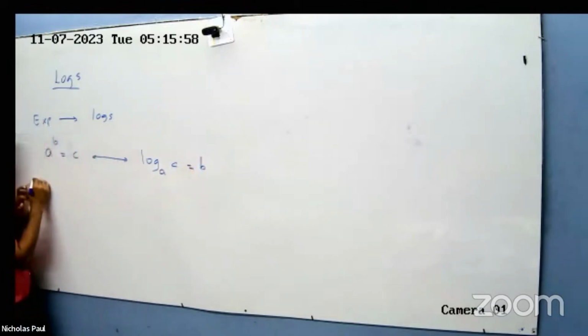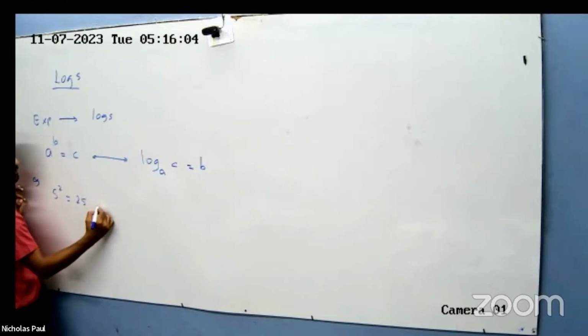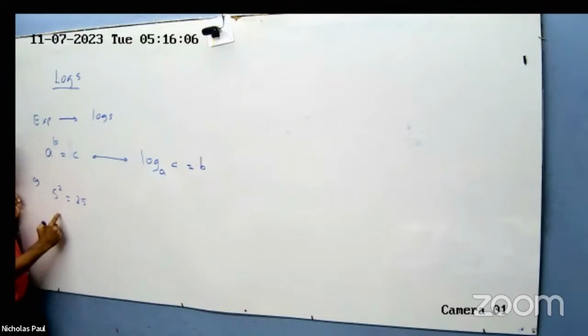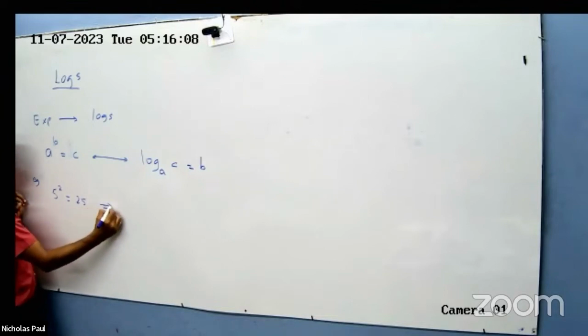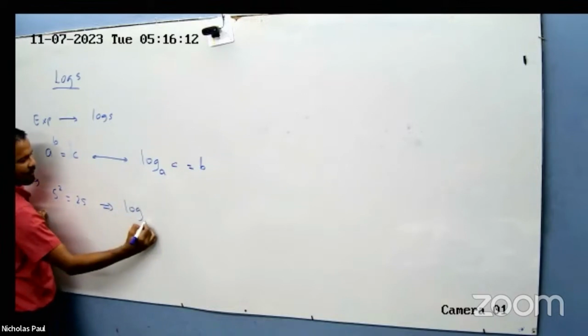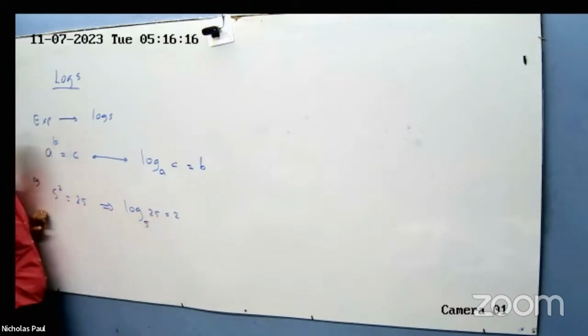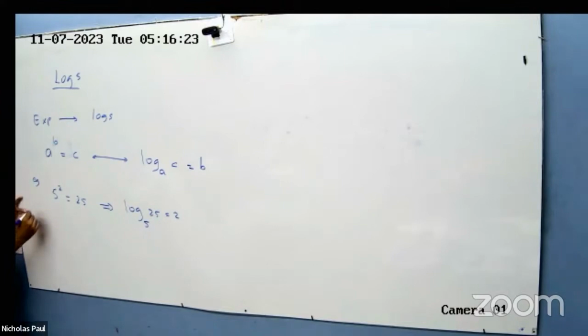All right, let's do something that we know. Let's say 5 squared is equal to 25. If we convert this to logs, this will be log to the base 5 of 25 is 2. Check this one out.